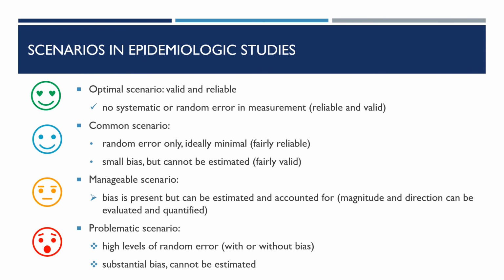However, in reality, we often see common scenarios, in which we still have some random error, though minimal, and we still have some small bias, but we cannot estimate that bias. A manageable scenario would be where we have bias and we can estimate it and account for it, and we know the magnitude and direction of the bias to evaluate, quantify and adjust it in our analysis.